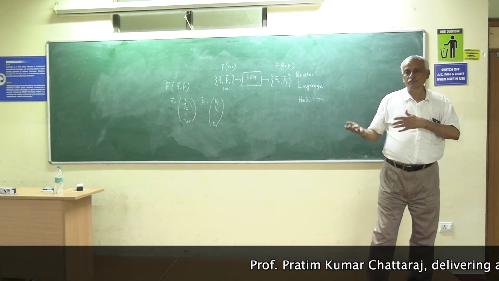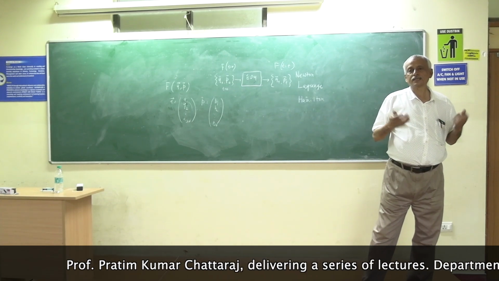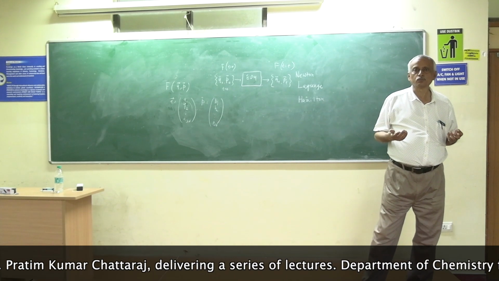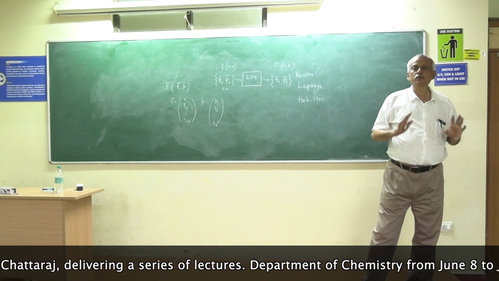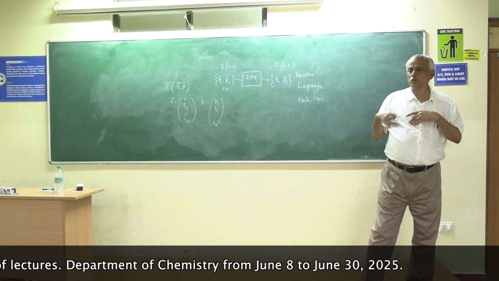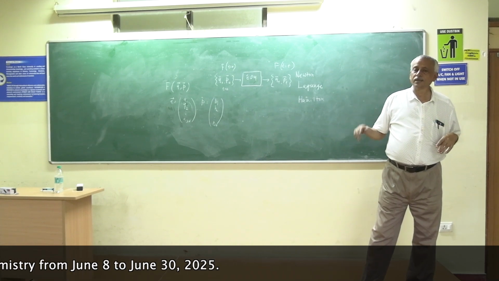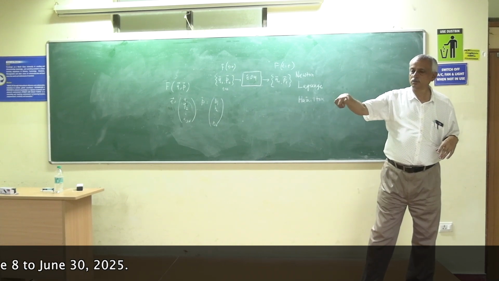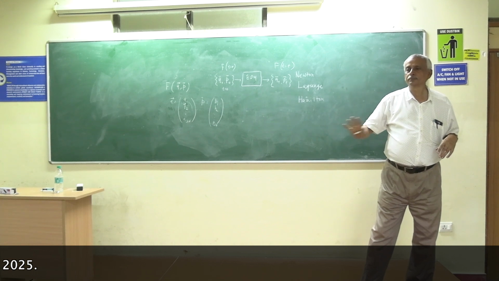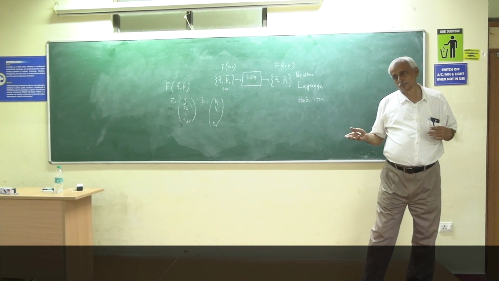After a certain time, I can immediately calculate the solution of that second order differential equation, Newton's equation of motion. Then I can tell what will be the position, what will be the momentum, and for all particles, all the coordinates, all the momentum components, I can calculate and I can immediately put it in the functional form, and that will tell me what will be the corresponding value at that time.